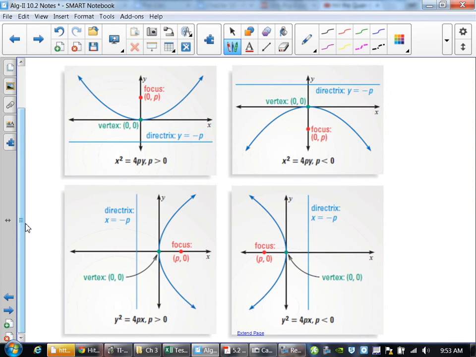It'll be down if p is negative. If it's a y squared, which direction do you think it would open if your p is positive? To the right. It's going to open to the right. That's all it is. And if it's negative, it goes to the left.